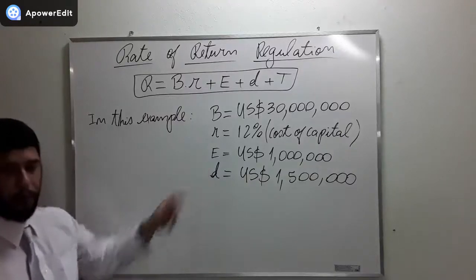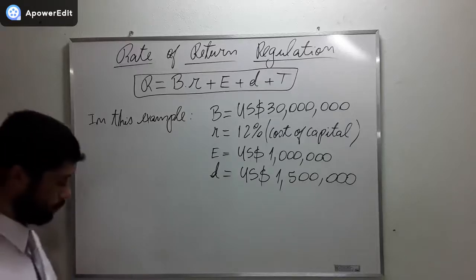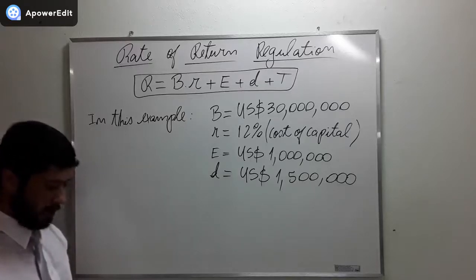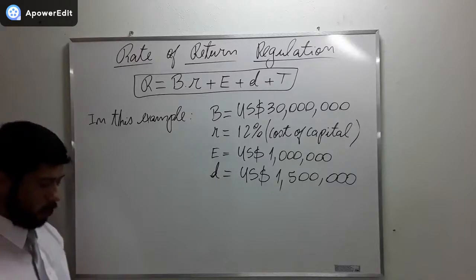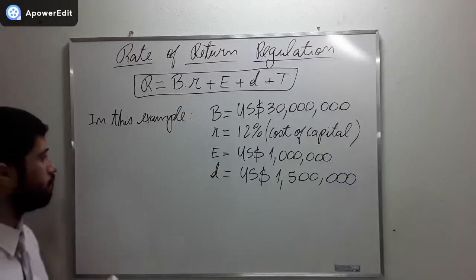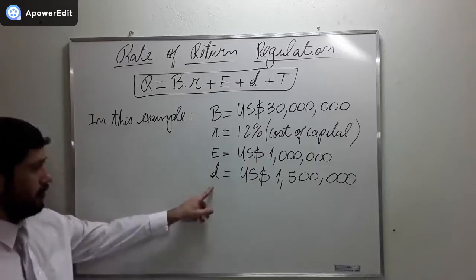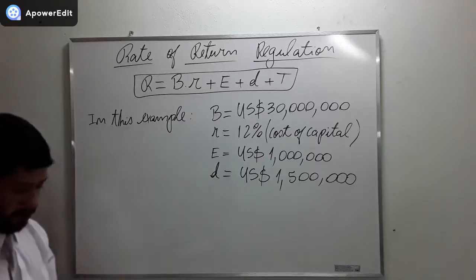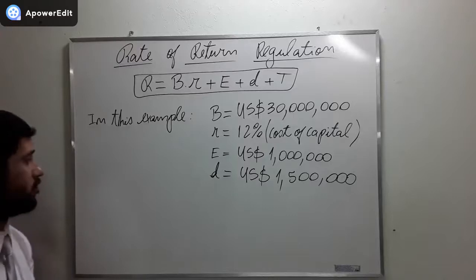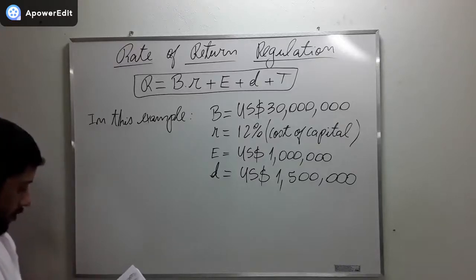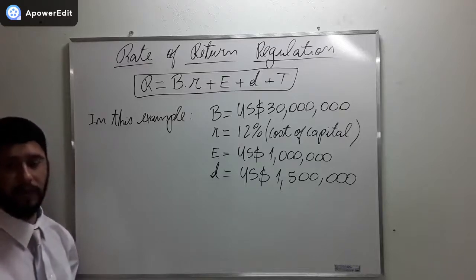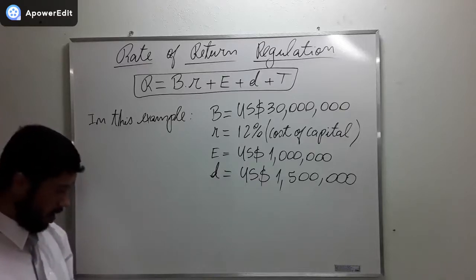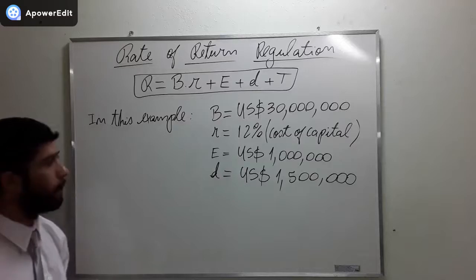E is operating expenses, which are the costs related to supplies, labor, and resale of assets. And D is the annual depreciation expense, which is the annual accounting charge for wear, tear, and obsolescence of plant.